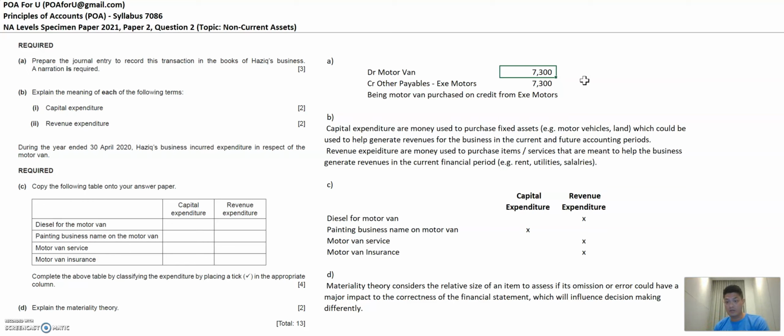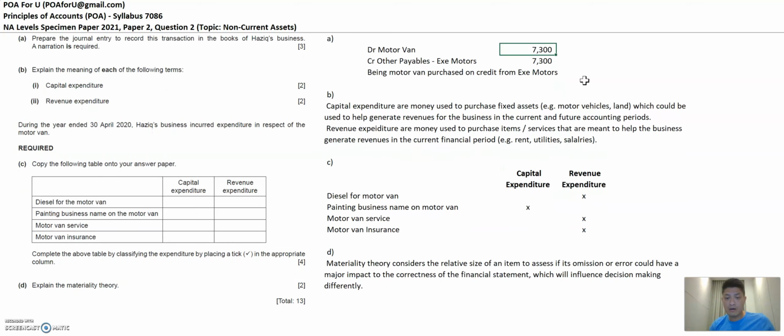That's material, because if it's $17,300, then the person approving Haziq's purchase may think otherwise, may think that maybe I don't approve buying this motor van. So that materiality concept is tested here, and this is an example of what it is.